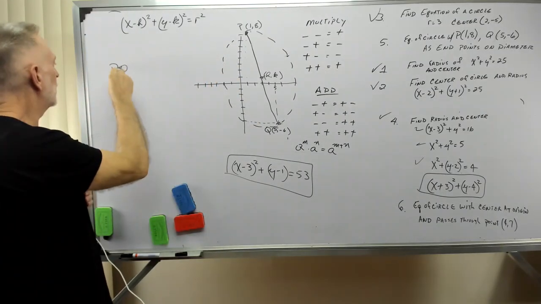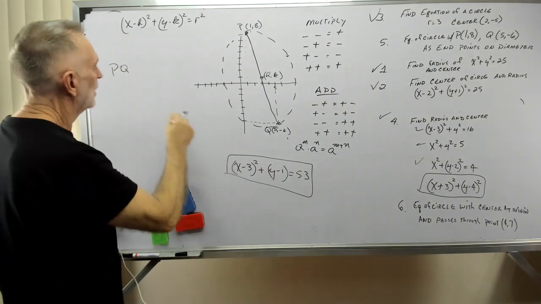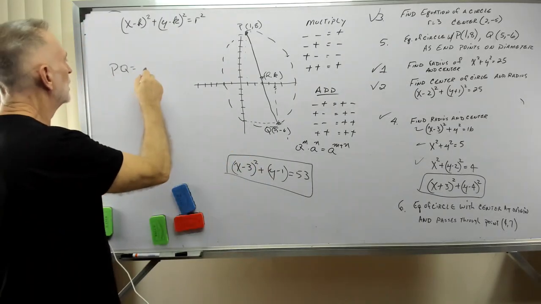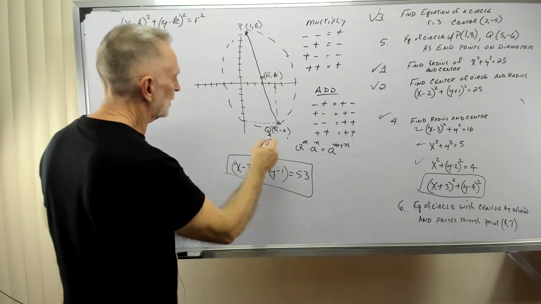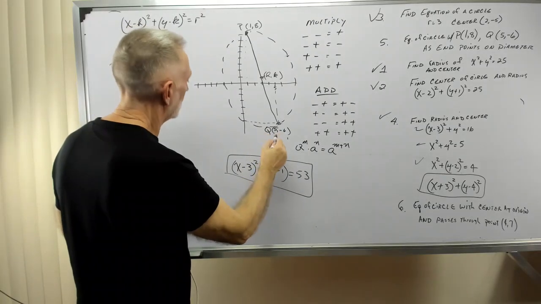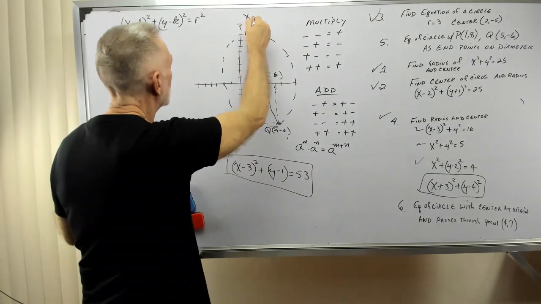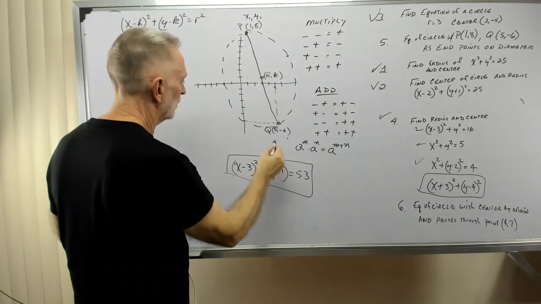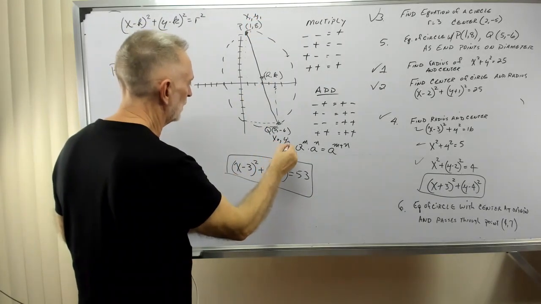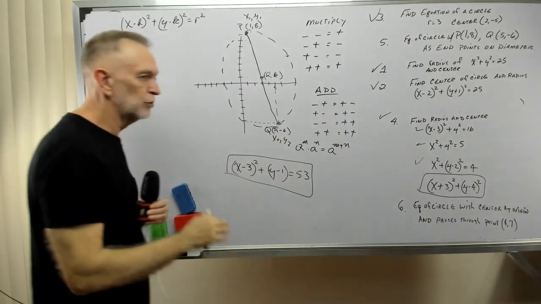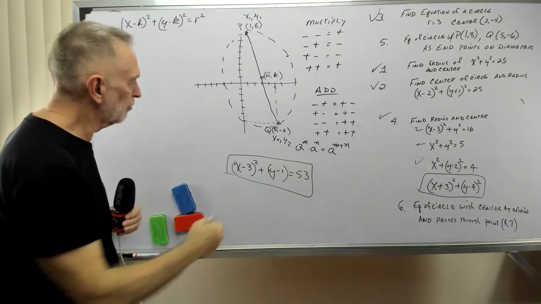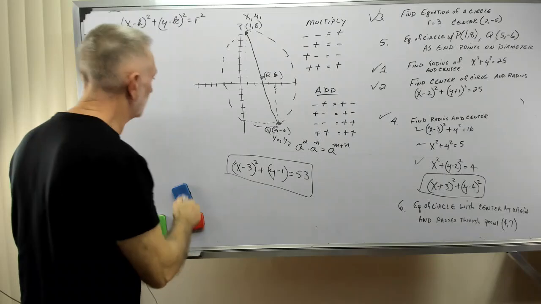If I just wanted to know the length of that line, I'm going to label these: x1, y1, and this is x2, y2. I would encourage you to label them before you try to figure out the length of that segment.